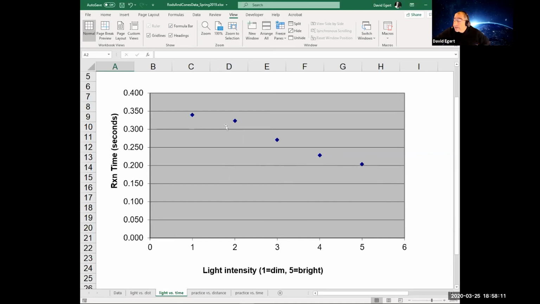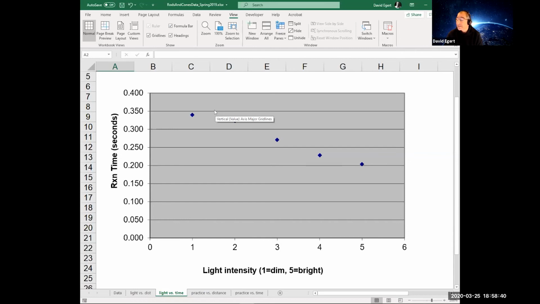How can we double check what the effect of practice is? We want to make sure practice was not an important effect in terms of the speed of the reflex. How could we use our data to see how practice affects the timing of the reflex? This is going to be an important part of your discussion as well.